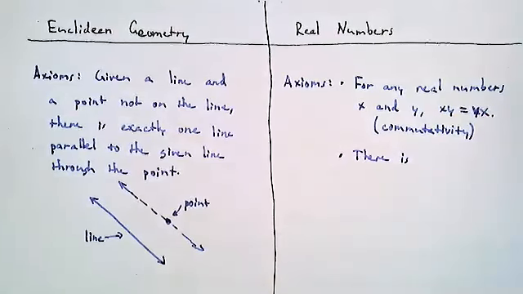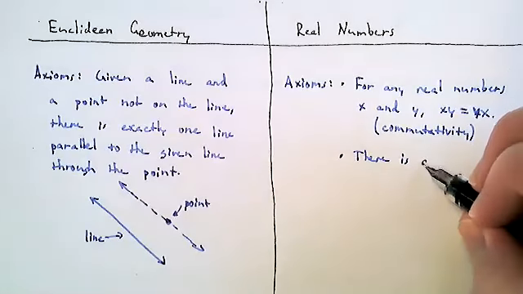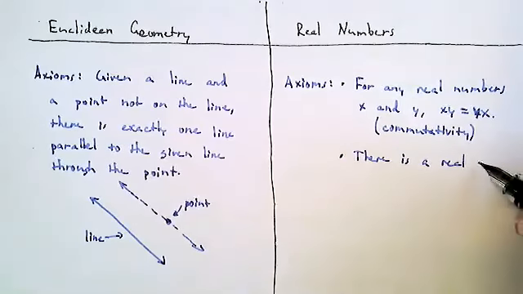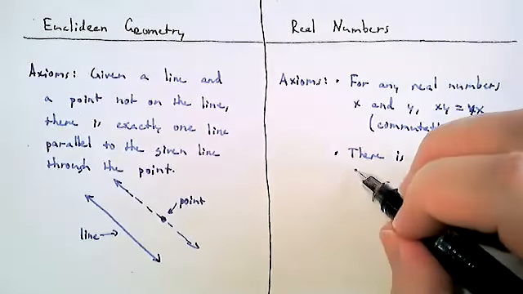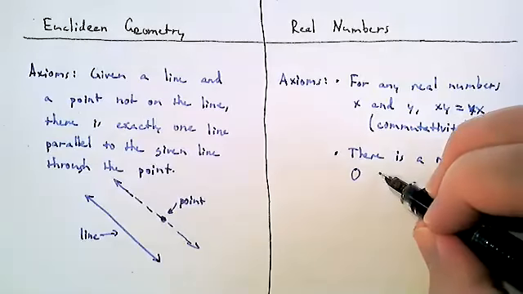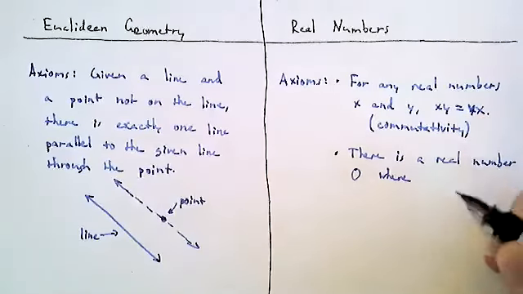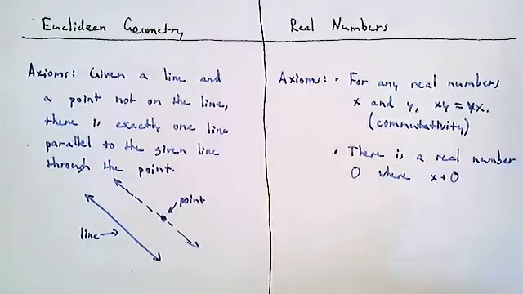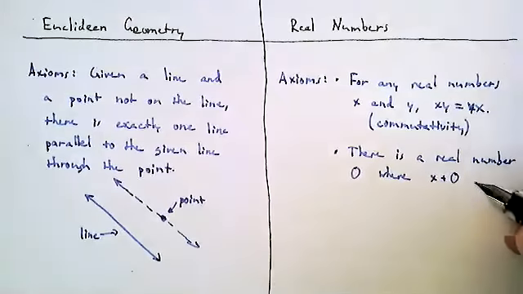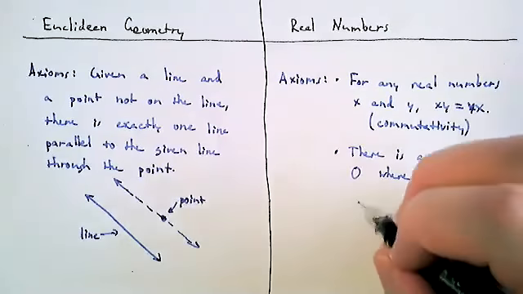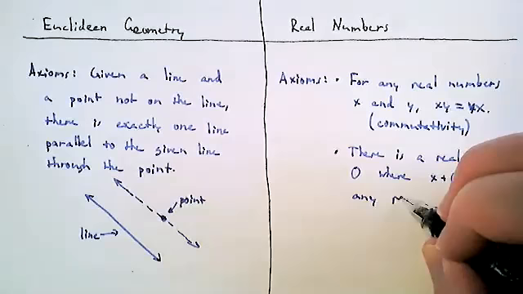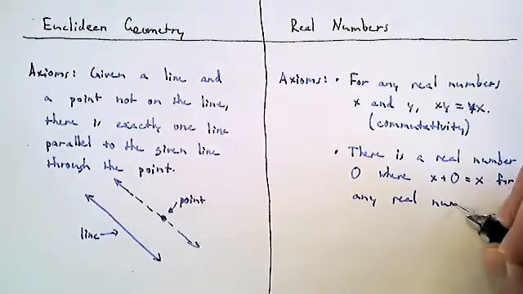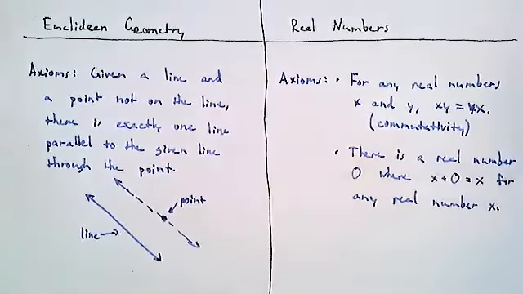Here's another axiom. This one says there is a real number which we usually use the symbol 0 for, where we can add 0 to any other number and get the same number back, for any real number that we like.